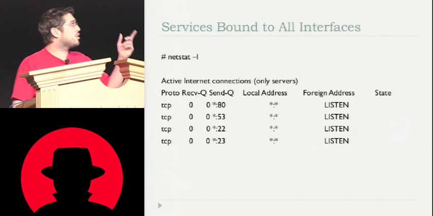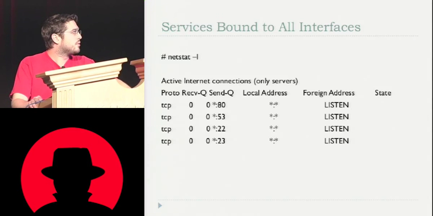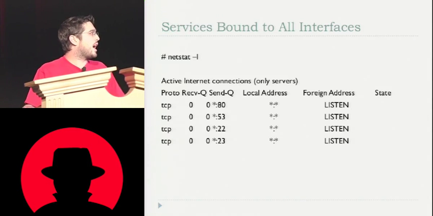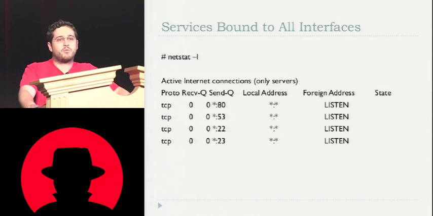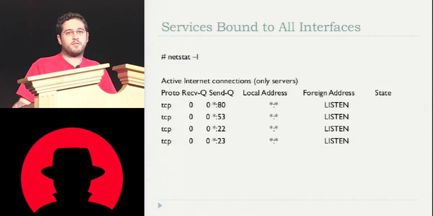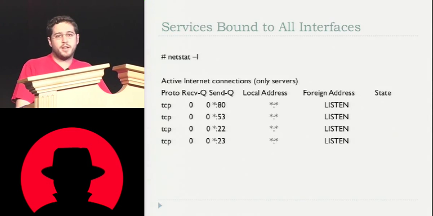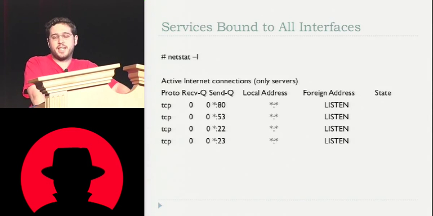So if you take a look at a netstat on a router, and this is actually from an OpenWRT router, take a look at how it's binding services. These services are bound to every interface on the router. So port 80, yeah, that's bound on your WAN interface. It's listening on the WAN. Now, what prevents just anyone on the internet from connecting into the router are your firewall rules.